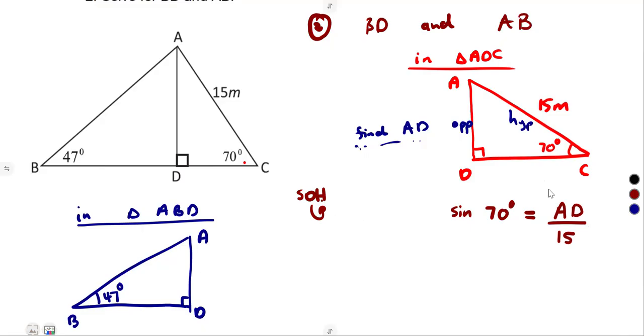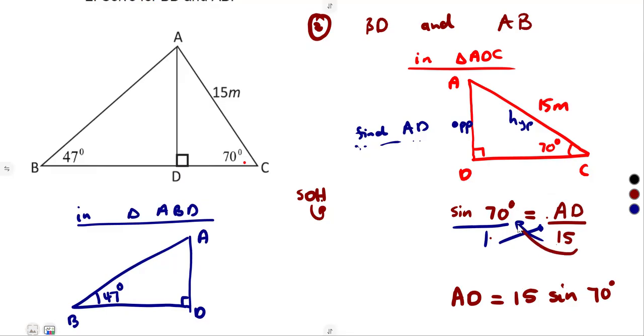So as you can see, guys, by substituting into the ratio of sine, AD is the unknown that is to be calculated. We are now back to equations. This is now an equation. Solve for AD. You can simply cross multiply: 1 times AD, that's AD is equal to 15 times the sine of 70 degrees.